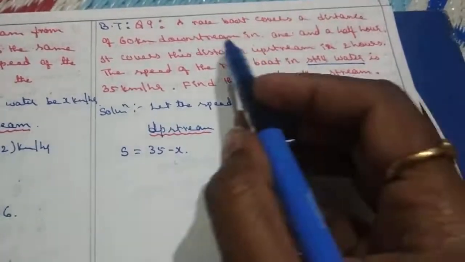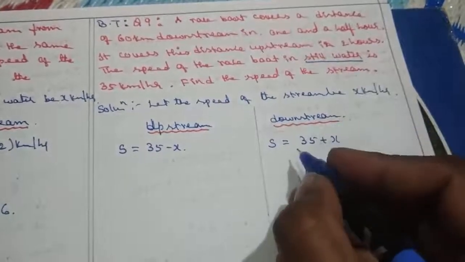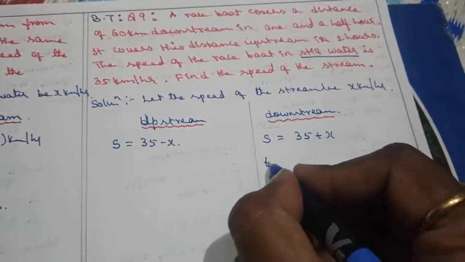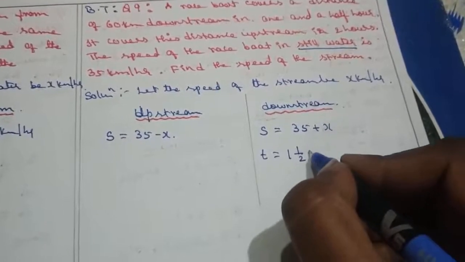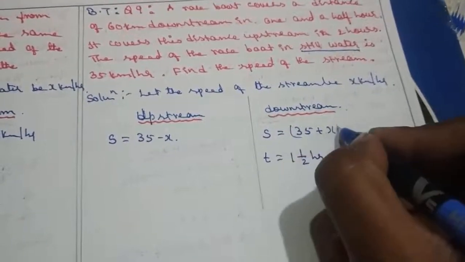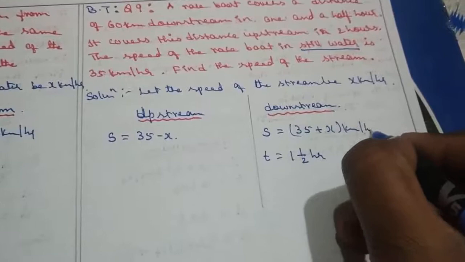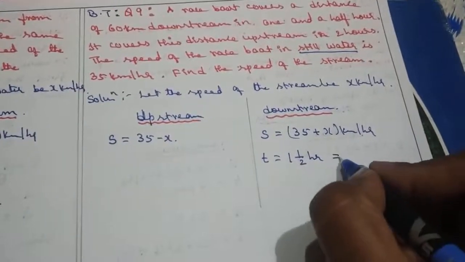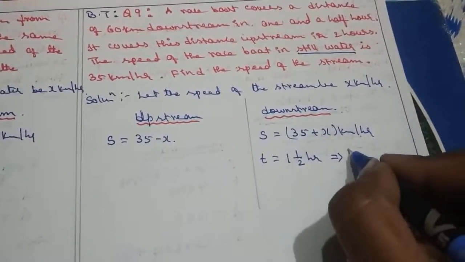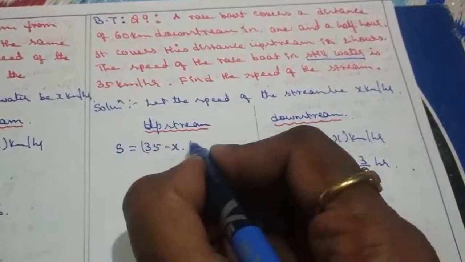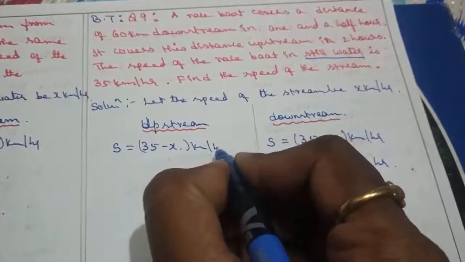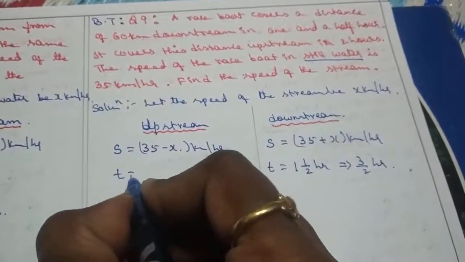And the time taken for the downstream is 1.5 hour. So t is equal to 1 and 1/2 hour. So convert into improper fraction. 2 ones 2 plus 1 3, 3/2 hour. Whereas here the time taken in the upstream is 2 hours.